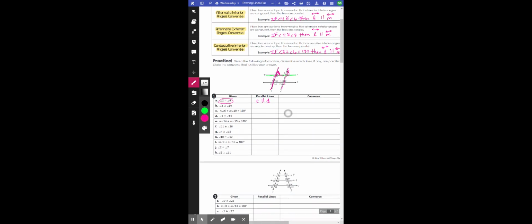If they do share a common transversal, then the other lines that they touch are the lines that are parallel. In this case, angle 2 and angle 4 touch this line together, which means these are the parallel lines. So I would say C is parallel to D. Why? Well, angle 2, angle 4, these are corresponding angles.